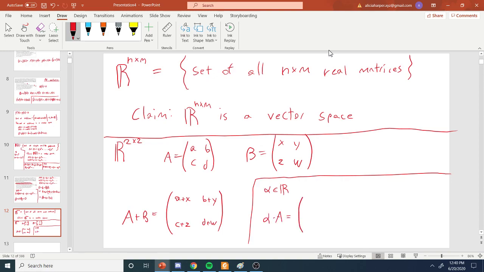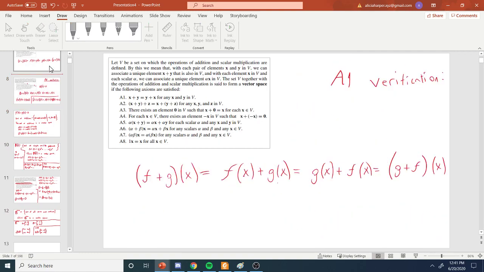What we get is the matrix alpha a, alpha b, alpha c, and alpha d. So this is how scalar multiplication is defined. And you can verify that for this operation and this operation, all the axioms of a vector space are true. So now we have a good deal of examples to play with.